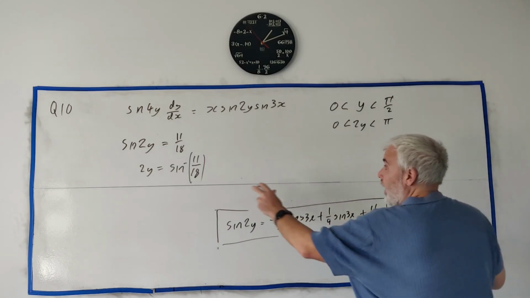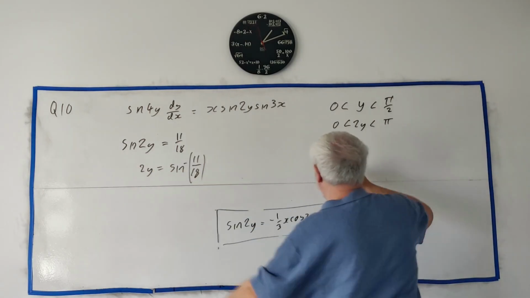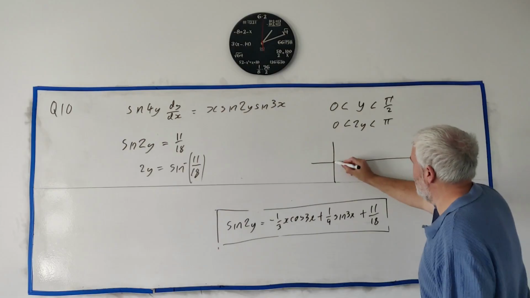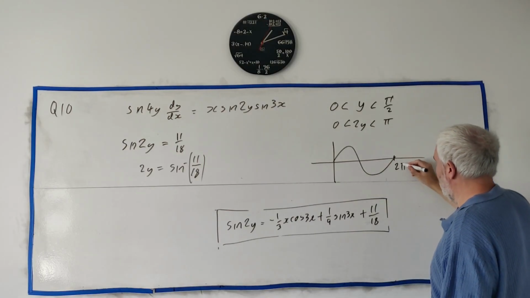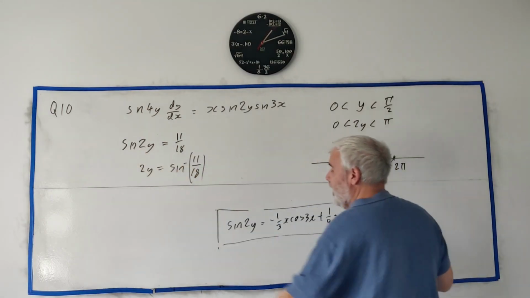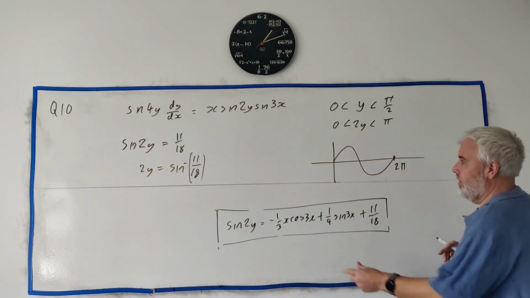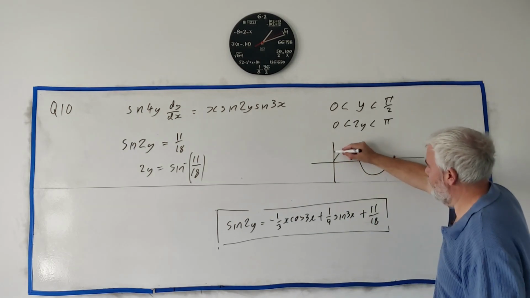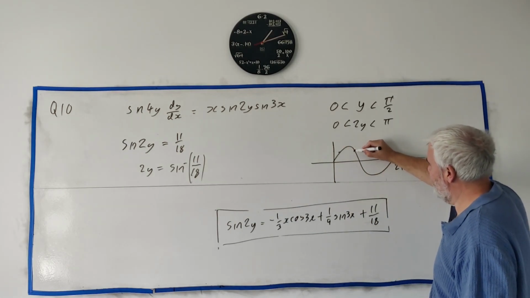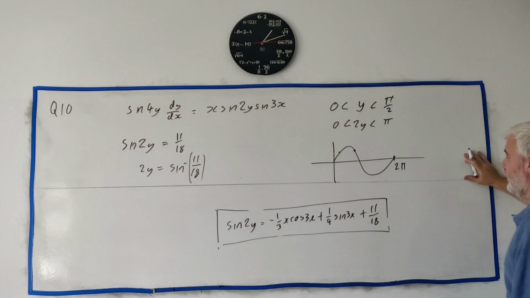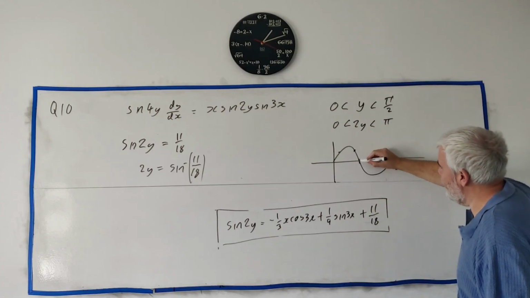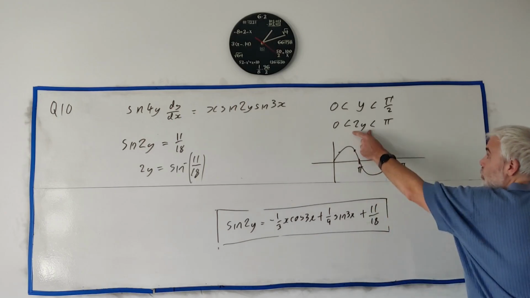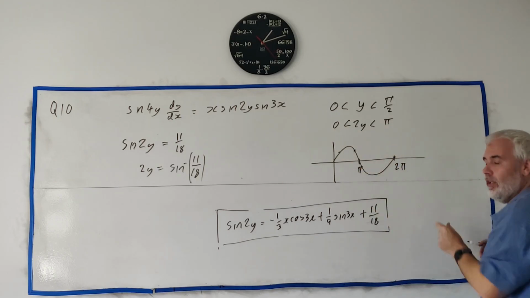And I like to draw this. I like to draw sine of something. Sine of something looks like this. And this is 2 pi up here, although this is for 2y anyway. And they're doing 11 over 18, somewhere here. You're going to get this answer, and many other answers. But we need to realise that it's just these two we need, because 2y is between 0 and pi.